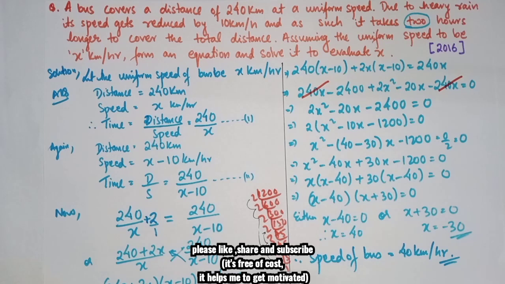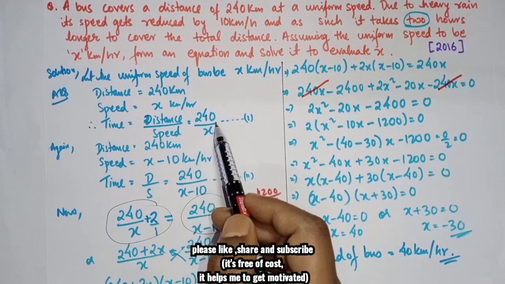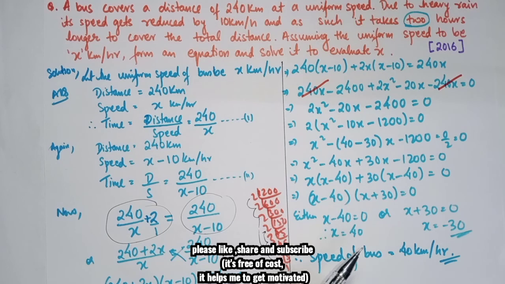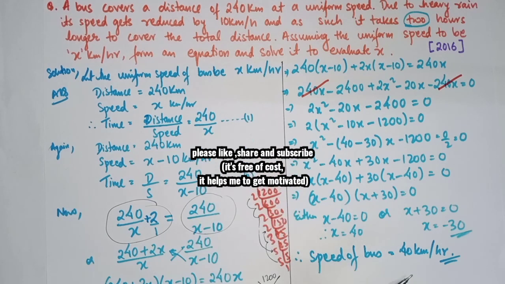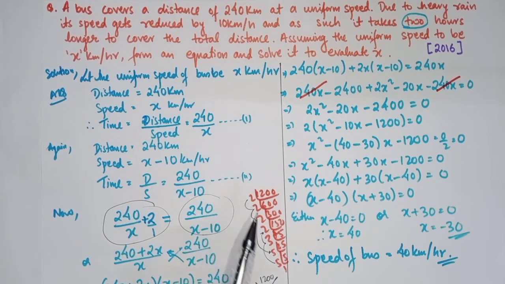Okay, what you have to know is that this part is very important. We are taking both the equations equal. Since it's taking 2 hours longer, wherever it's smaller, put it there. That will be the easiest way. So you can see 240 by x, lower is bigger. I have already shown you here.